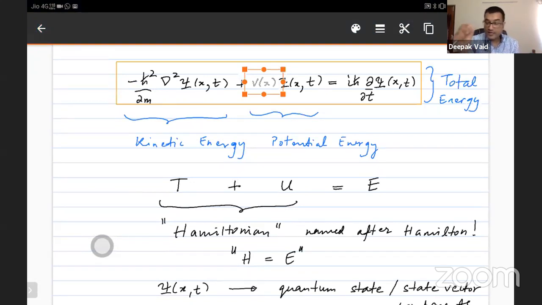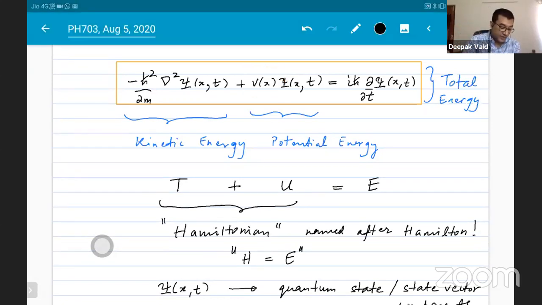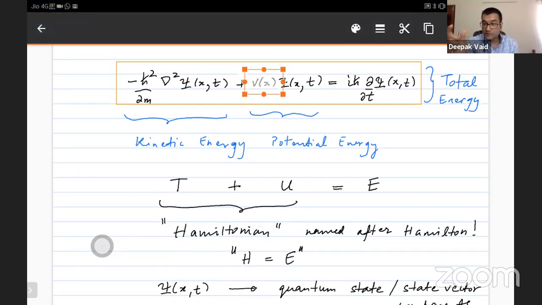If you put in a second electron, the first electron will feel a change in its potential energy due to the presence of the second electron. So when you write down the Hamiltonian, this Schrodinger equation for the whole system, you will have to include that contribution from the electron-electron potential energy within this potential term.